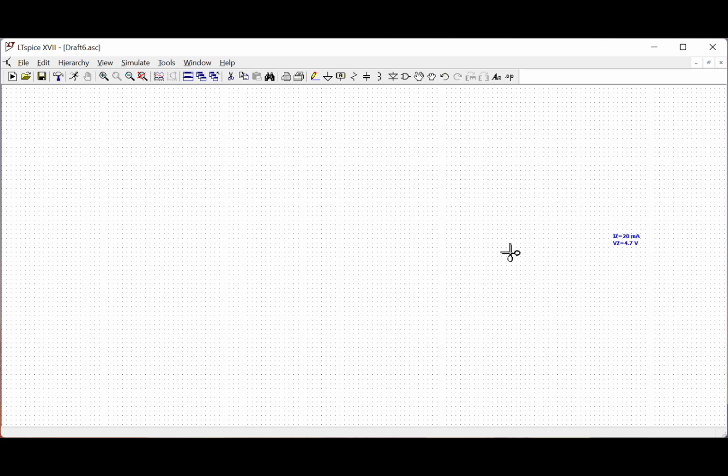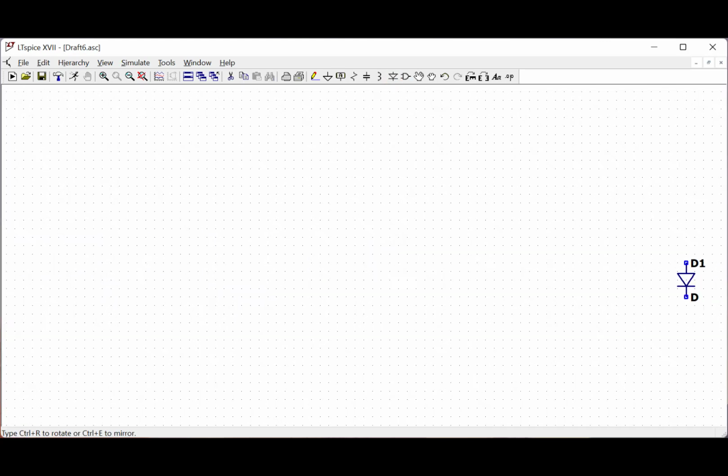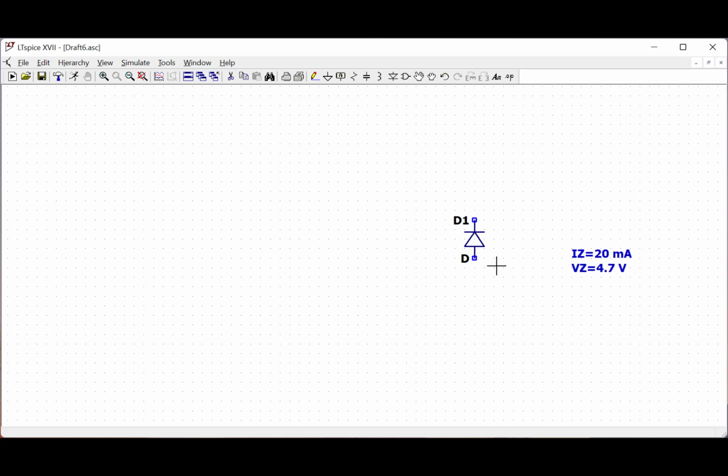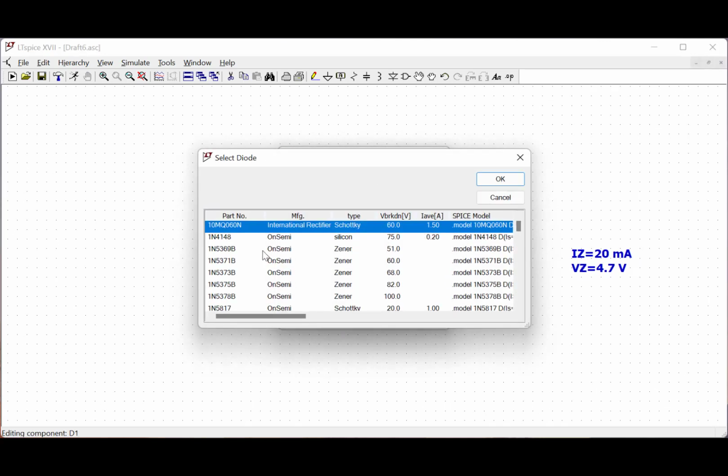We're going to use a specific diode, which I'm going to place on my schematic so that we can see it. So I will put down a diode, and the diode I'm going to choose is obviously a Zener diode.